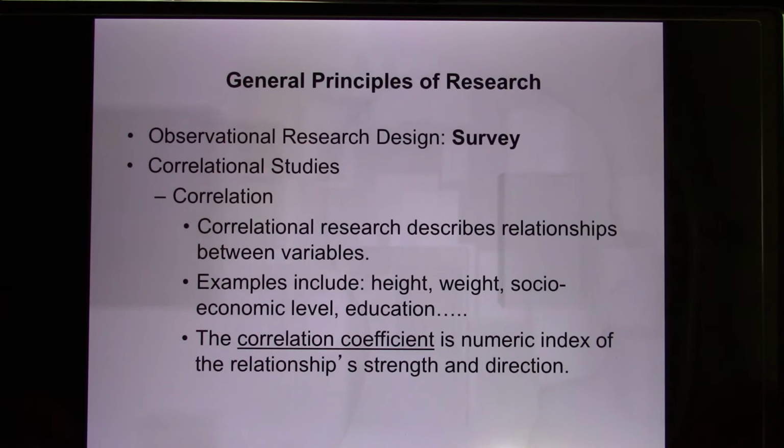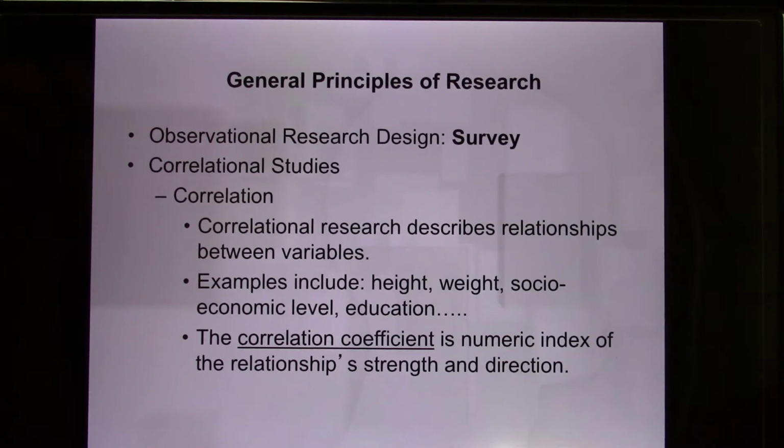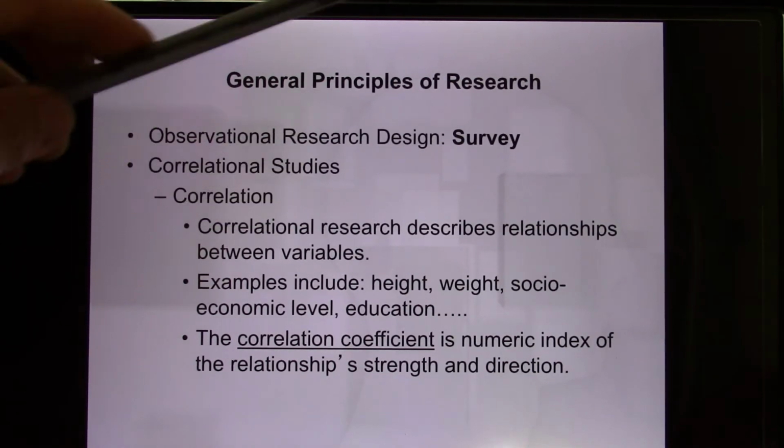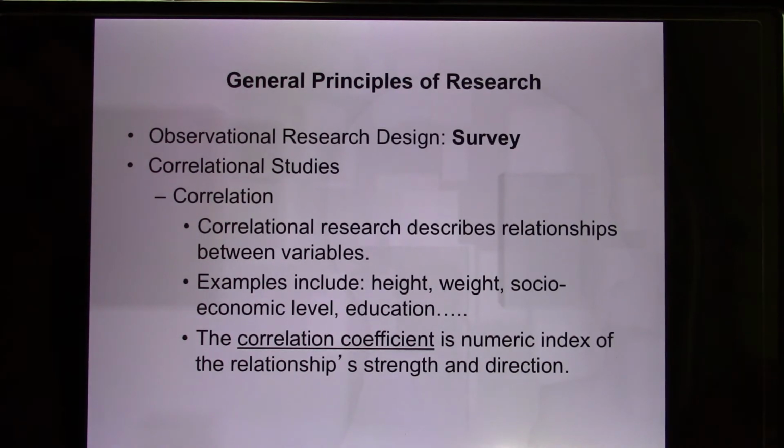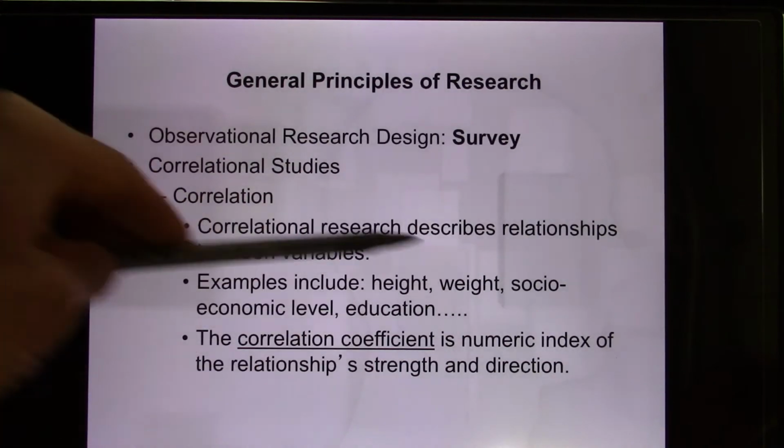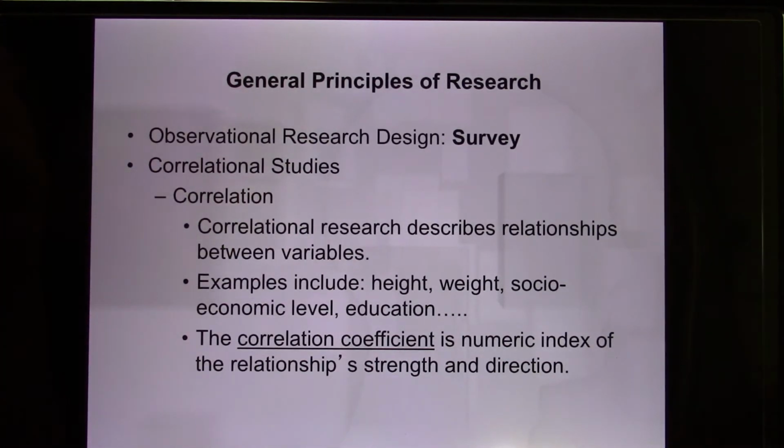Another one is called the survey. Survey is usually used in humans. You give them a questionnaire and ask them a lot of questions. You can give them 100 questions, ask them how tall they are, how much they weigh, their socioeconomic status, their education, what degree they have, how much money they make, and then correlate it with anything you can find. That's a correlational study.